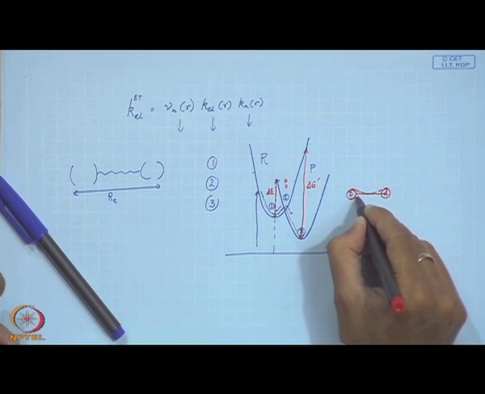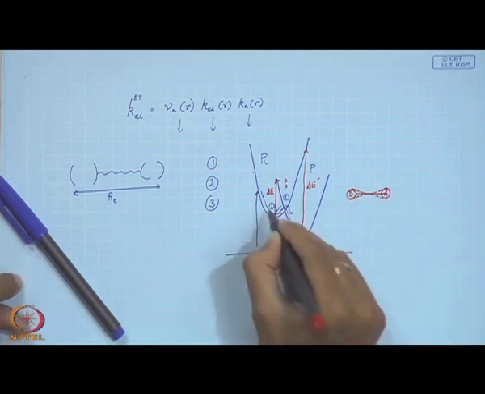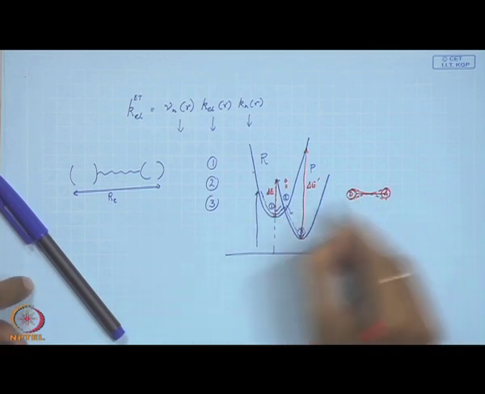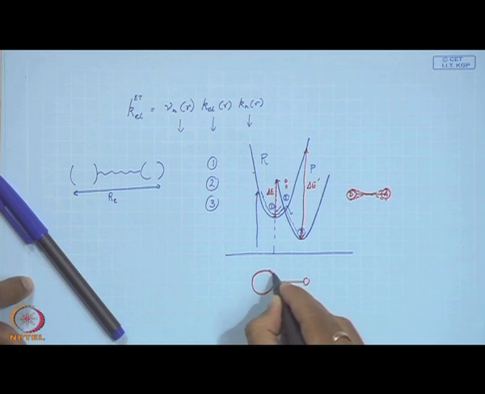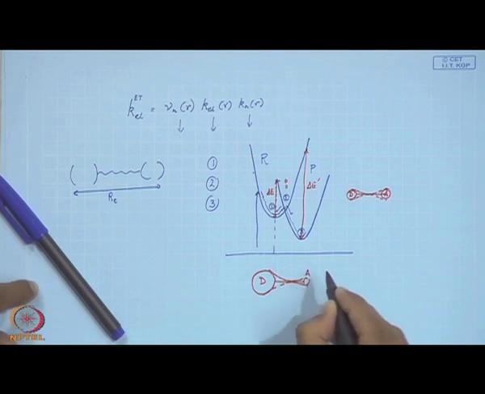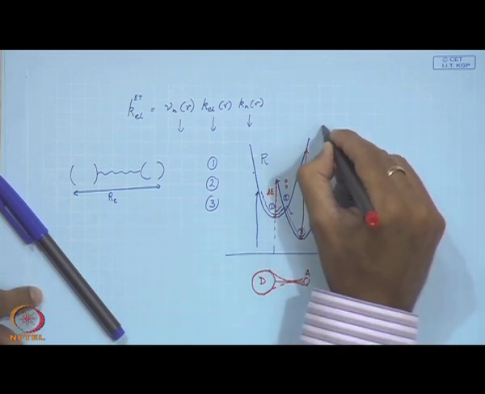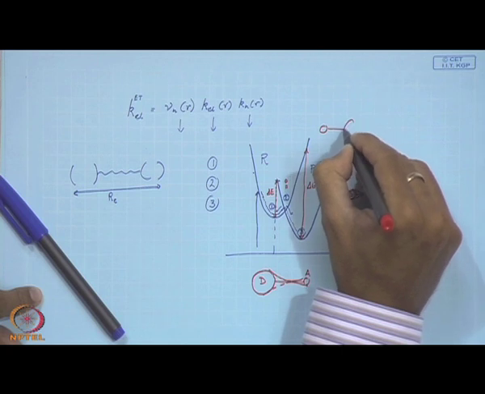If you plot it this way, it looks like this. This is for the midpoint. Here it is bigger over here and smaller over here, and the probability distribution is something like this. This is mostly on the donor, less on the acceptor. Here on this side it is smaller and on this side bigger.